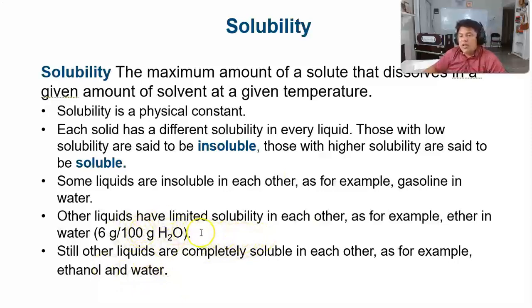Other liquids have limited solubility in each other, for example ether in water. Ether has a solubility of 6 gram in 100 gram of water. It's not like sodium chloride. Still other liquids are completely soluble in each other, for example ethanol and water, because ethanol is hydrophilic. It has an oxygen, OH group there.